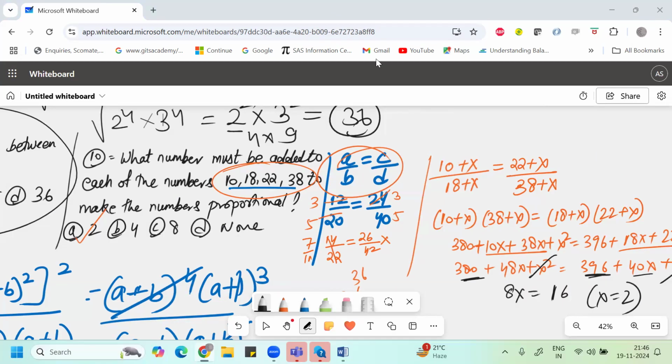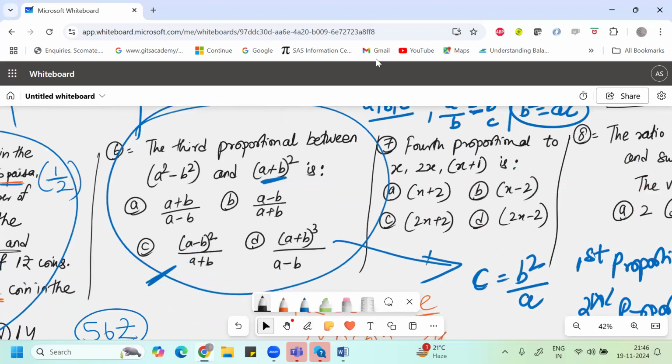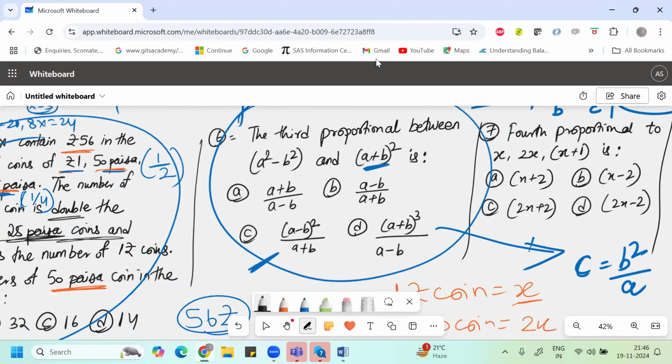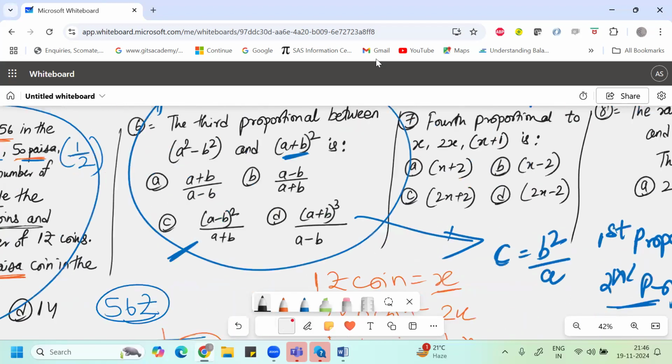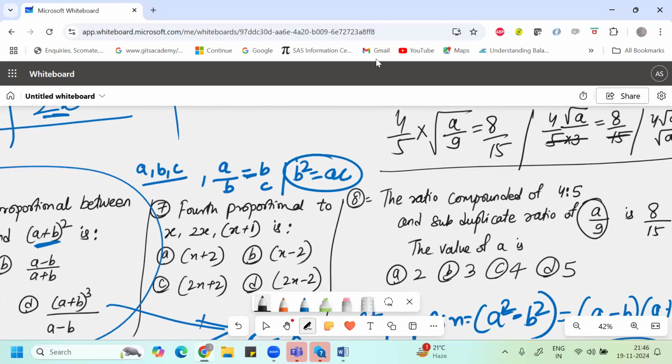Yeah, Zaiba. So the problem of third proportion, where is the problem? Yeah, one minute.